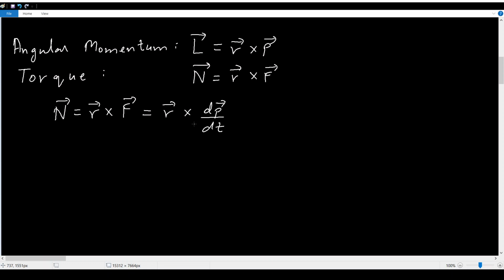And what we're actually going to do right now is add to this something which is zero. You can always add something which is zero, it doesn't really do anything. So we're going to add v cross v. Why we are doing this will become clear in the next step. But the cross product of a vector with itself is obviously zero. We're just adding this here, and I'm also putting in the mass m here so I can make a momentum.